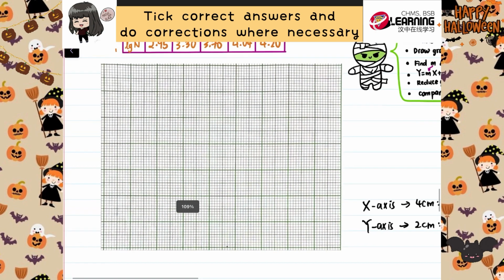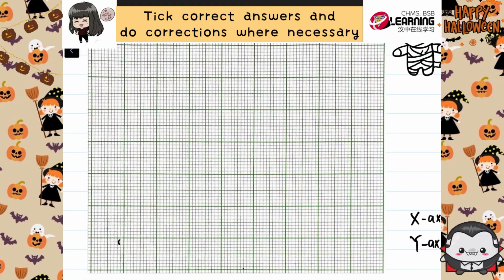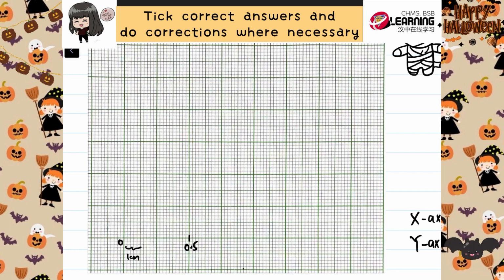So 4 cm here is my 0 here, 4 cm, it means here until here, 0.5. My this one is 1 cm, so until here is 4 cm. Okay, 0.5. So here is 1, here is 1.5.